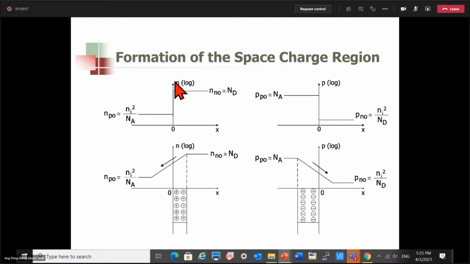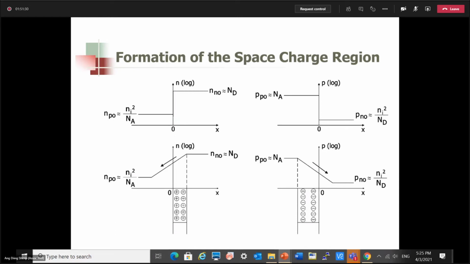If you look at electron diffusion, electrons diffuse from the N to the P, but the electrons that go to the P will recombine with the holes. So the concentration will definitely be much less significant compared to the concentration of the dopants in the region. I see. Okay, thank you.